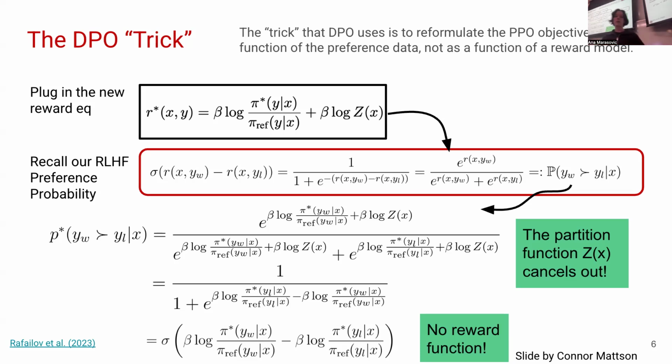What we have here is e to the power of a plus b, so we can factor it out like this. That means that in both numerator and denominator, the term e to the power of beta times the logarithm of Z of x can be factored out. We see that.